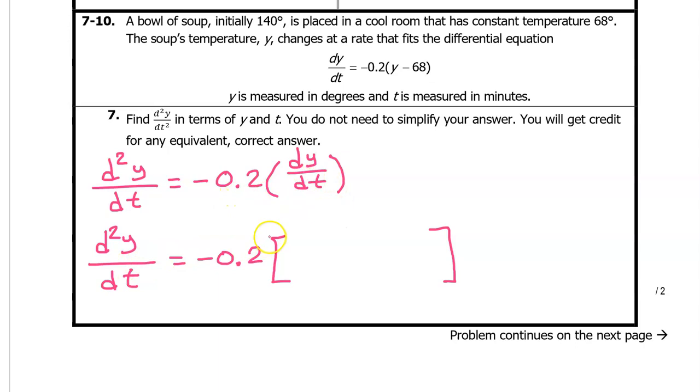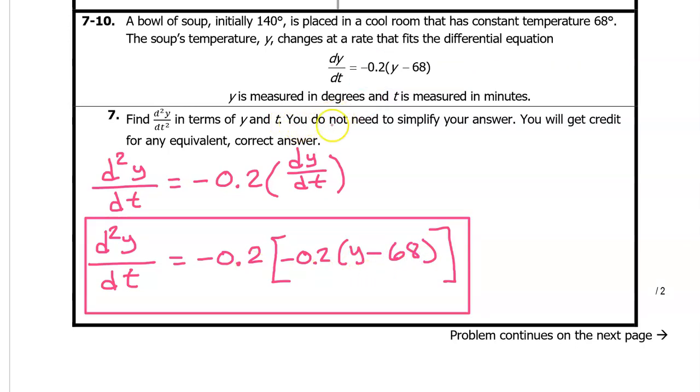However, we must write the second derivative in terms of y and t, not dy dt. So we can substitute the equivalent expression for dy dt, negative 0.2 times y minus 68. We can put this expression in right here. So negative 0.2 times y minus 68.